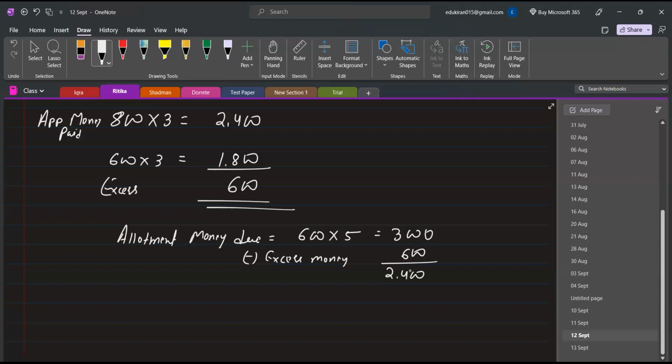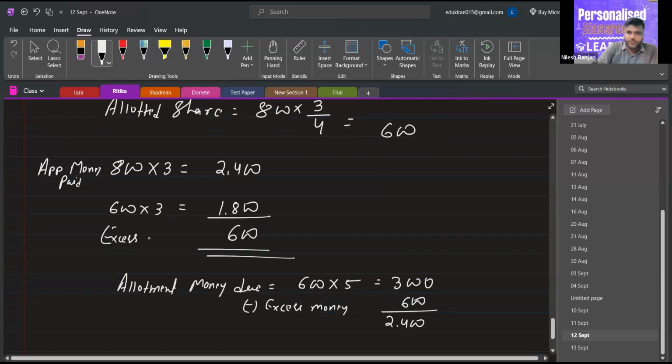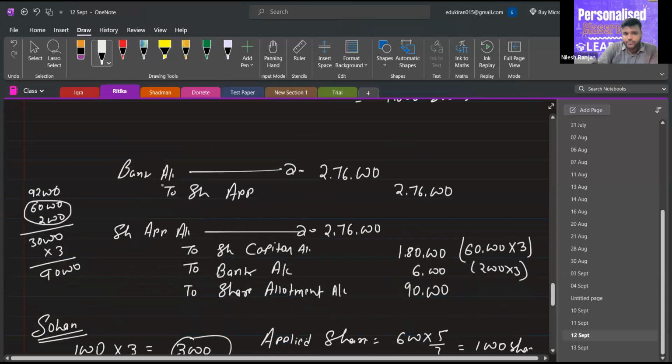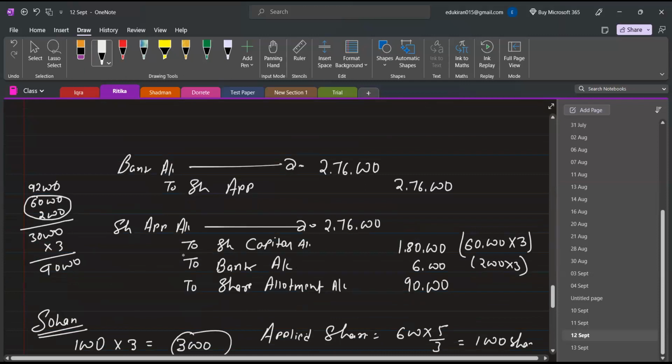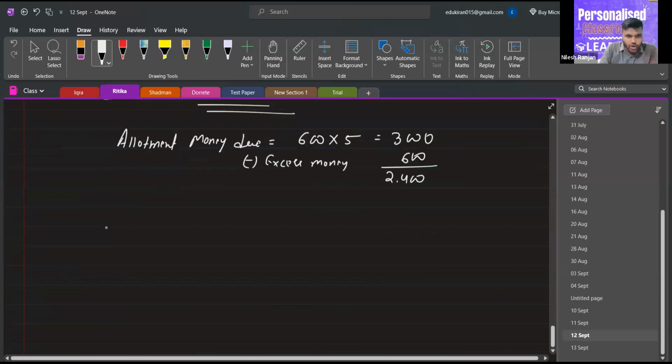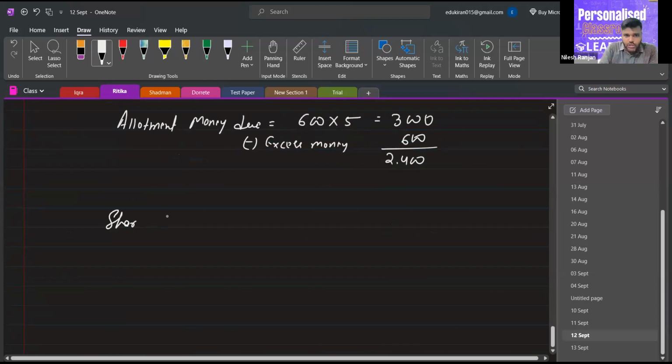Yes, sir, I understood. So now we will pass the journal entry for allotment. So first entry we have done already, the application entry. Is this clear to you? Yes, sir. Okay. After that, the allotment entry. So in allotment, first we will pass the journal entry for due.